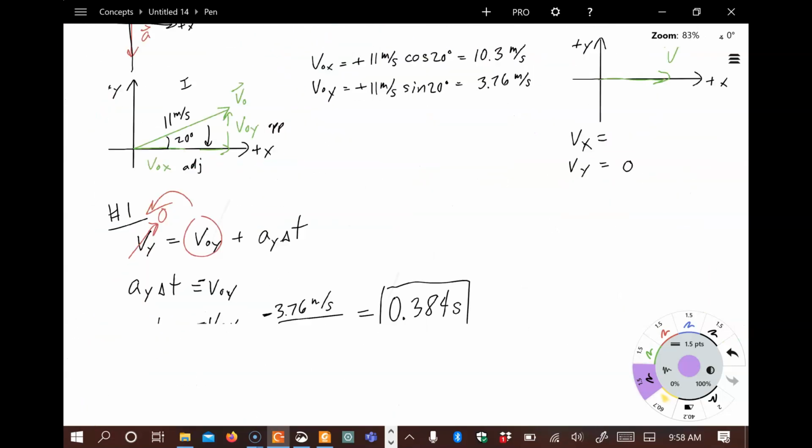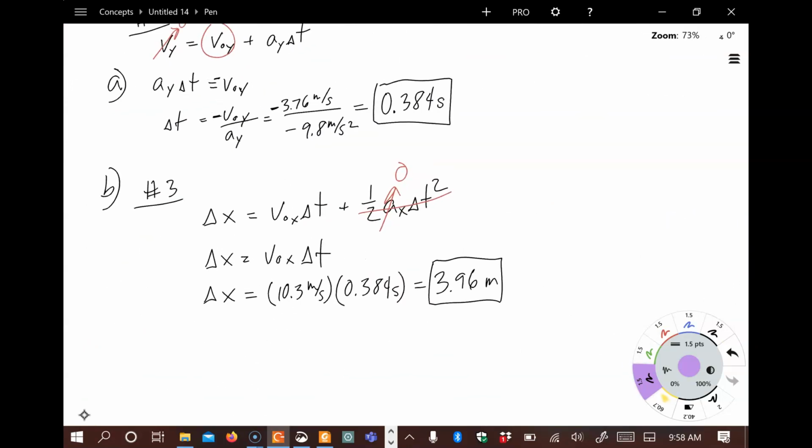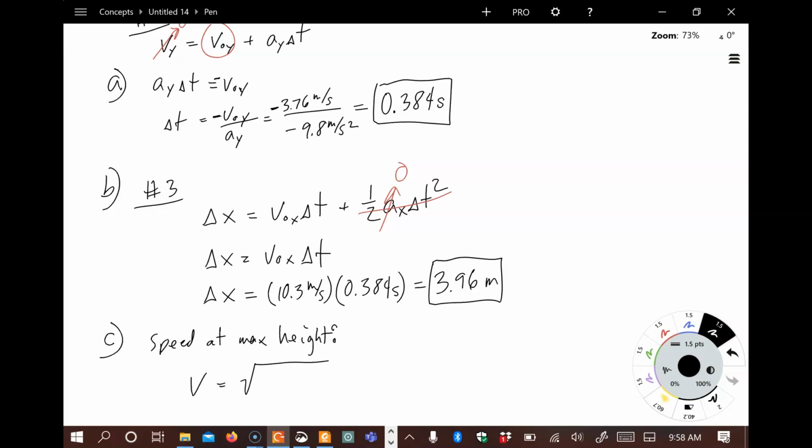So to calculate the speed for part C, speed at max height, v is equal to the square root of v x final squared plus v y final squared.